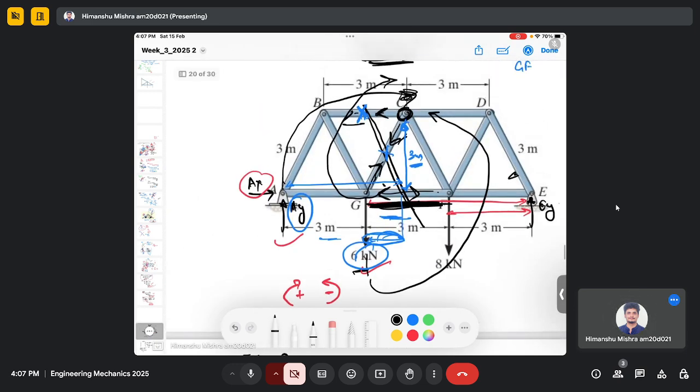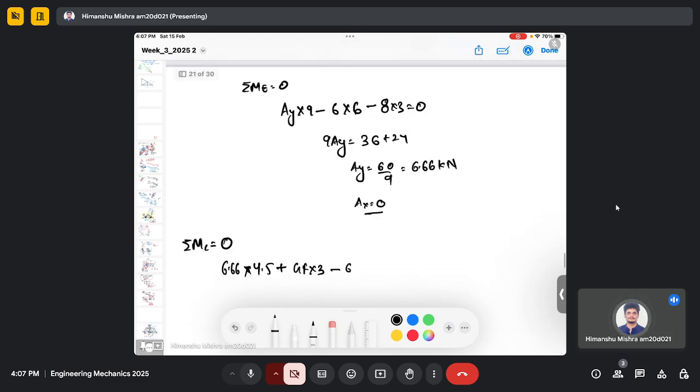And 6 kilonewton is rotating in an anti-clockwise manner about point C, and it has a perpendicular distance of 1.5 meter. So it is minus 6 multiplied by 1.5.